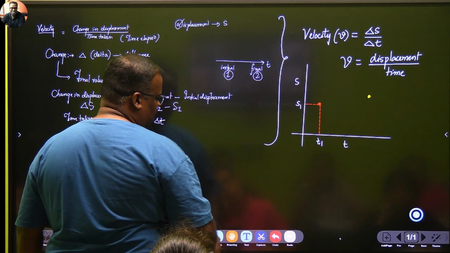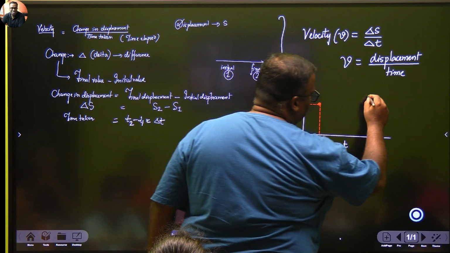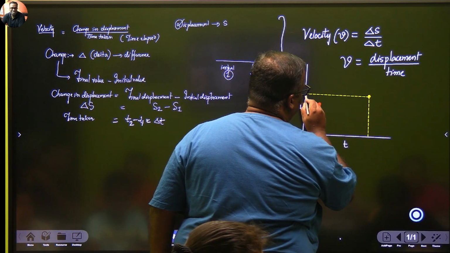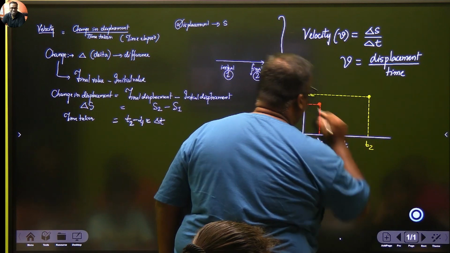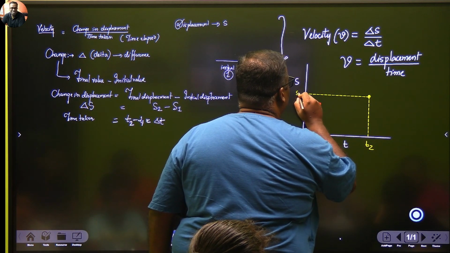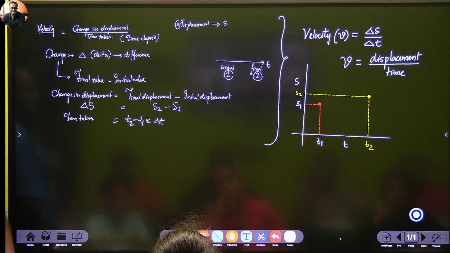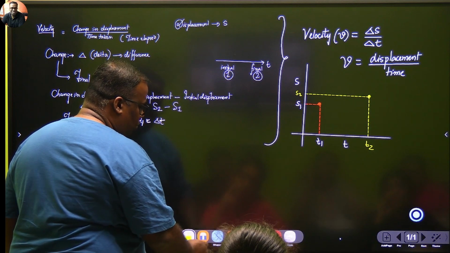It may seem a little tough but it should not be. So this is my position of the body after some time. I call this my T2 and this my S2.